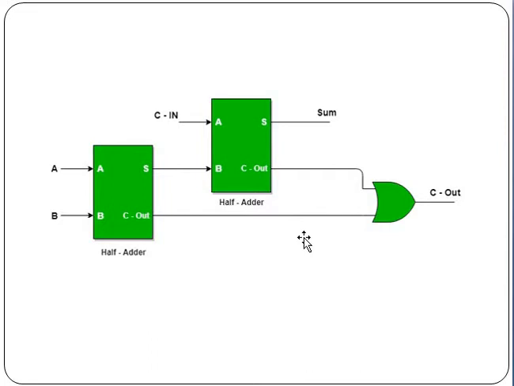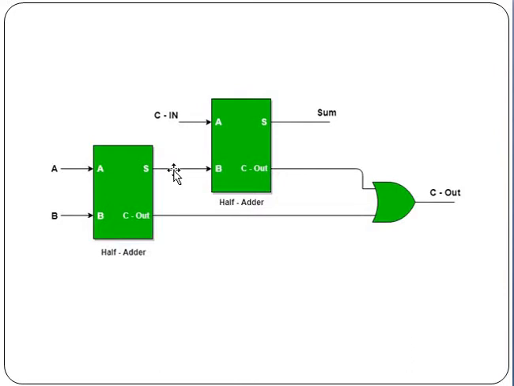This is the realization of a full adder with two half adders. As we know from before, the half adder is the circuit with A and B inputs, and the outputs are sum and carry. We have to take two half adders to make a full adder.